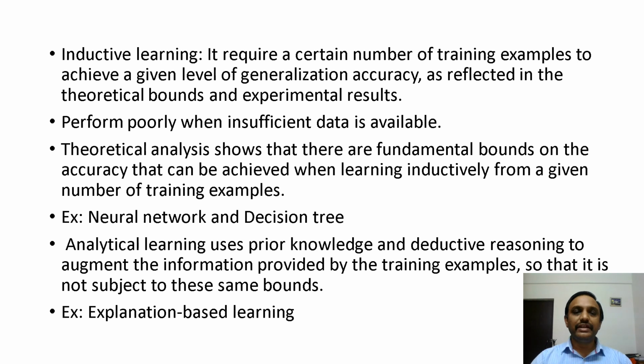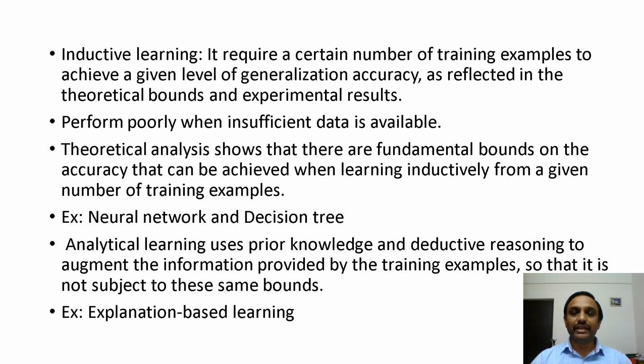As we discussed, inductive learning requires a number of training examples to train the system. We are using these training examples to achieve a given level of generalization accuracy, which is reflected in theoretical bounds and experimental results. In the case of inductive learning, if you provide insufficient data, the system you are developing performs poorly.